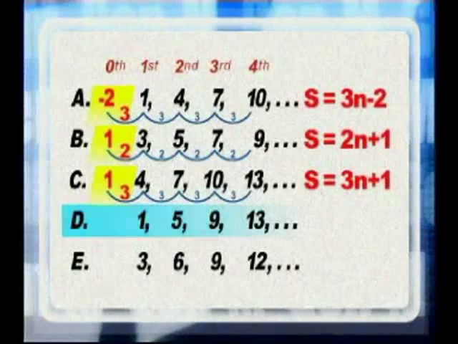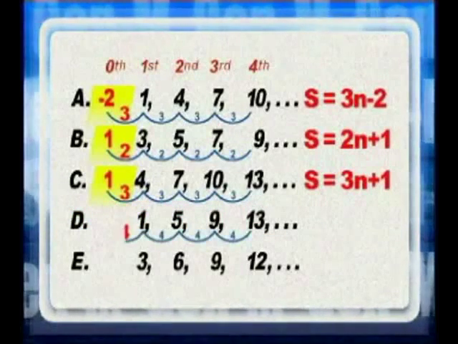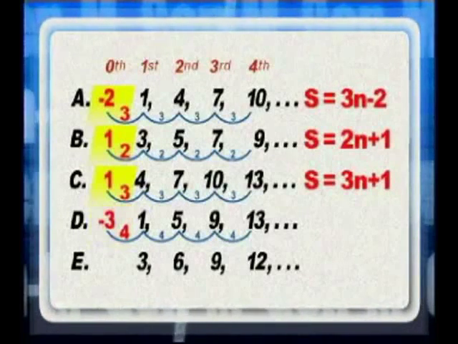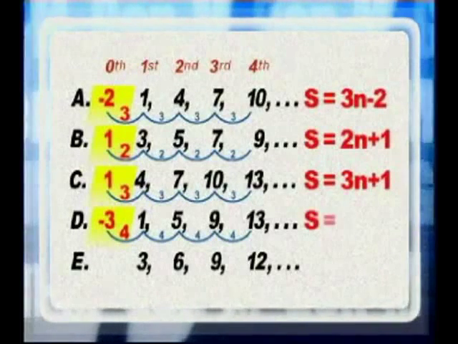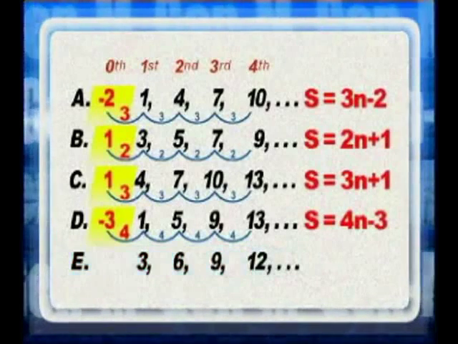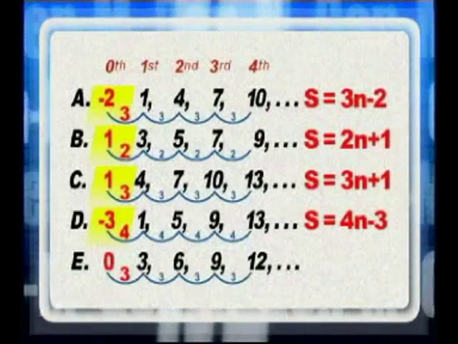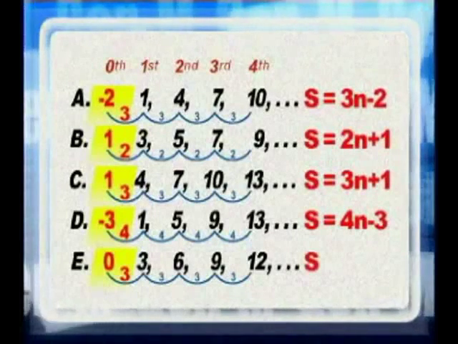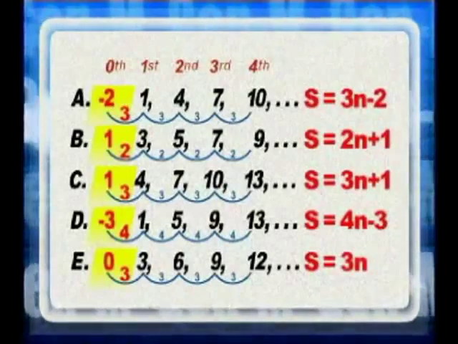The 0th figure of D is negative 3 using a constant difference of 4, so S is equal to 4n minus 3. The 0th figure of E is 0 using a constant difference of 3, so S is equal to 3n.